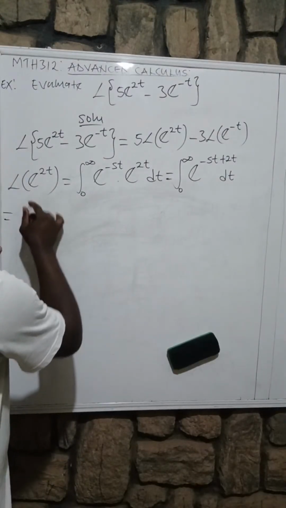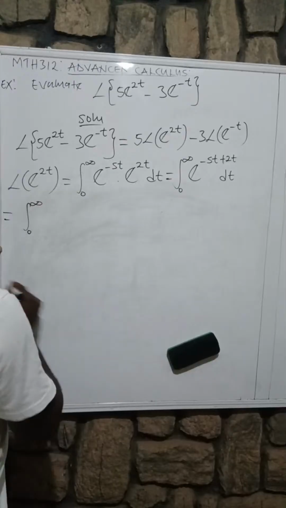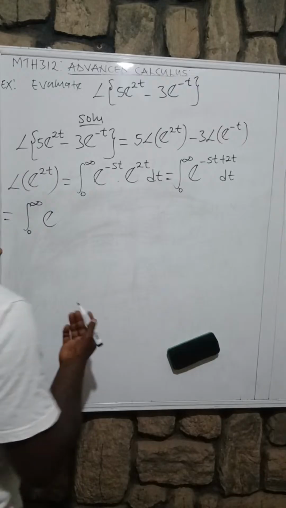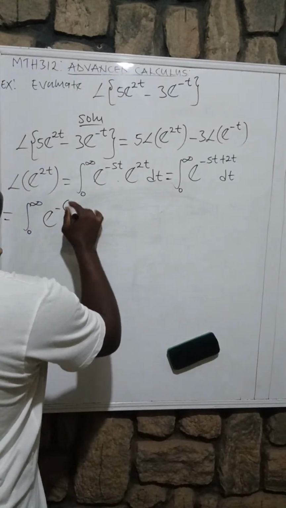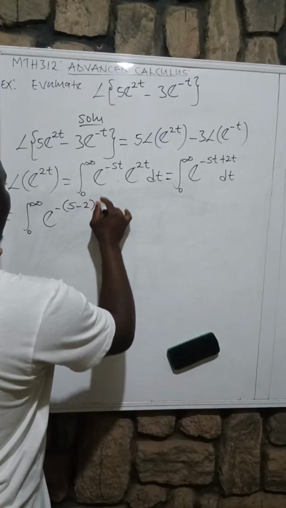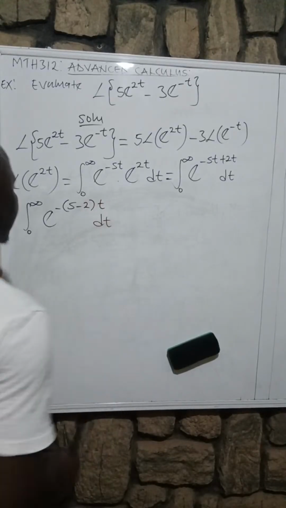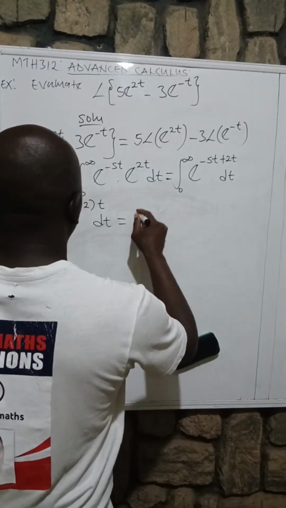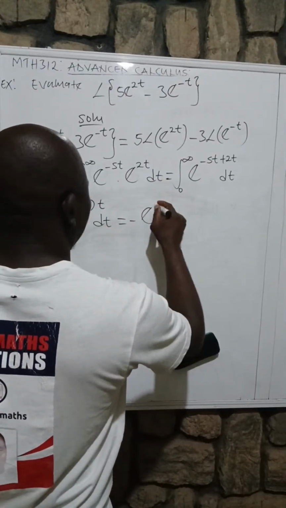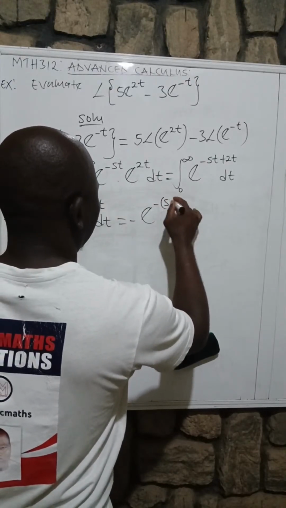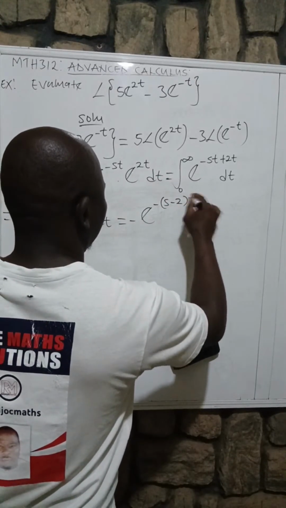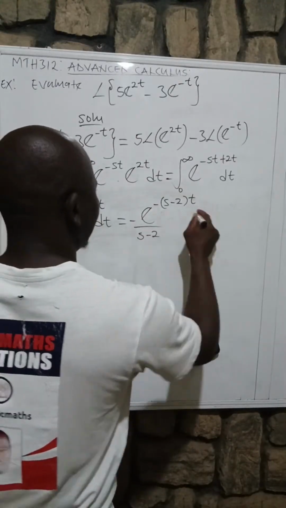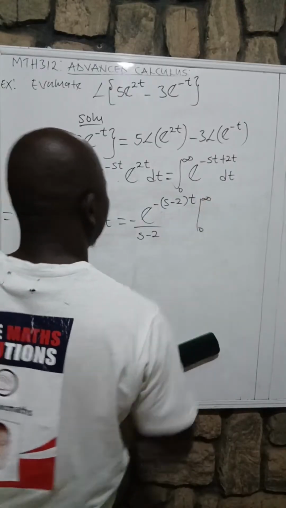This is the same thing as integral 0 to infinity exponential, what is common? Minus t. Factor it out: minus open bracket s minus 2, dt. So when you integrate this, we are going to have minus exponential minus open bracket s minus 2 t, all over s minus 2, at 0 to infinity.